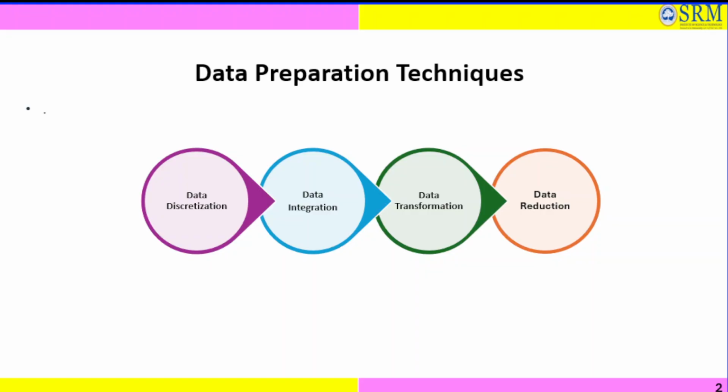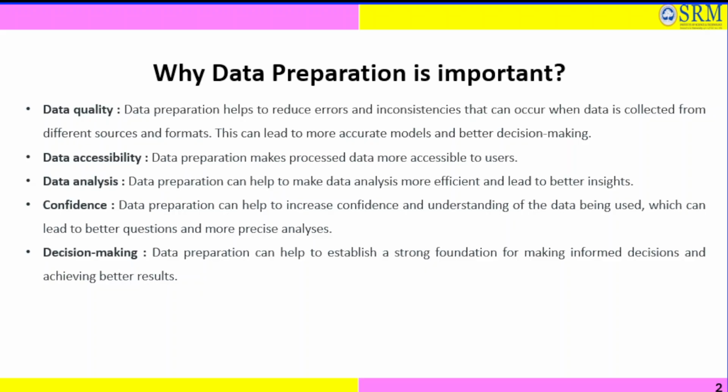So if the dataset is too large, it may need to be reduced using techniques like dimensionality reduction or sampling. Then some data splitting also we used to do. So in summary, data preparation is a crucial step in the machine learning pipeline that involves collecting, cleaning, integrating, transforming, and reducing to make it suitable for training and evaluation of machine learning models.